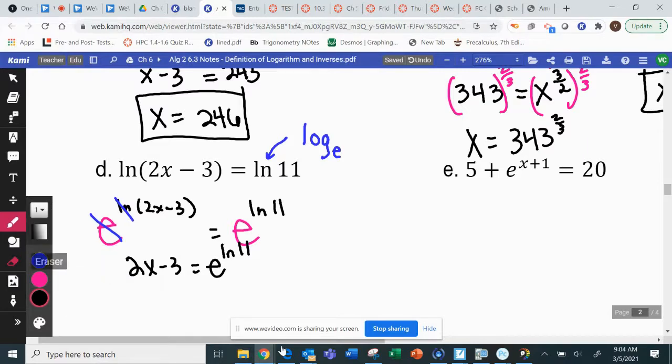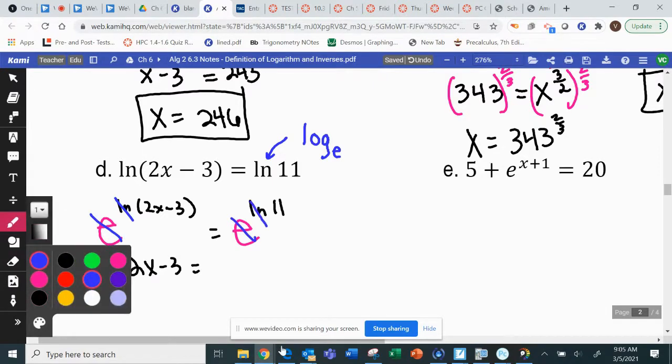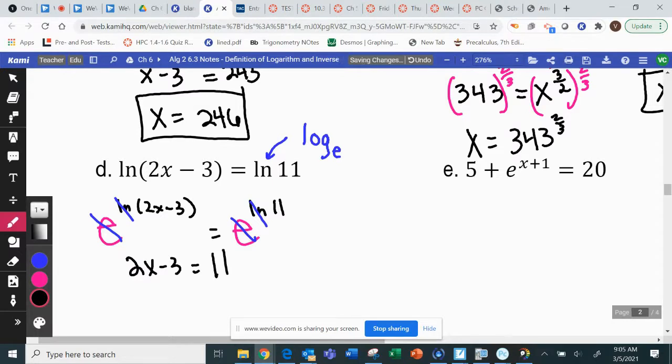That should cancel on the other side too. So the e to the ln, they both cancel. And once I cancel those, now I have just an easy equation to solve. So if there's a logarithm, you exponentiate.